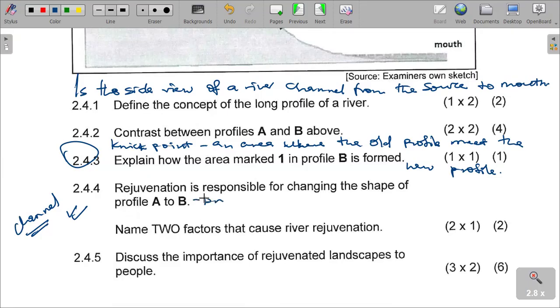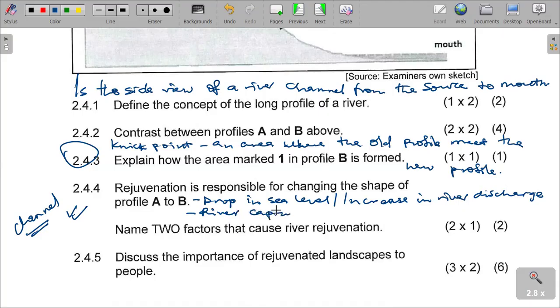One, drop in sea level, increase in rainfall, or increase in river discharge. It can cause river rejuvenation. It can also be caused because of river capture.